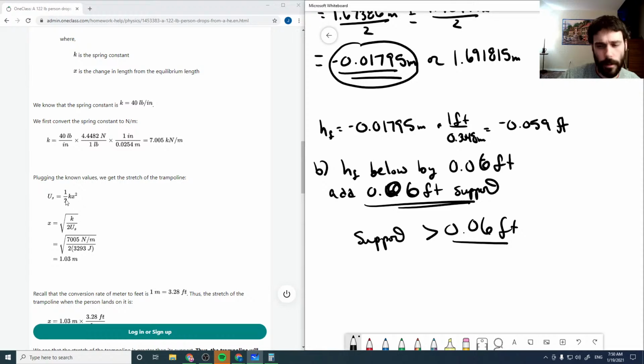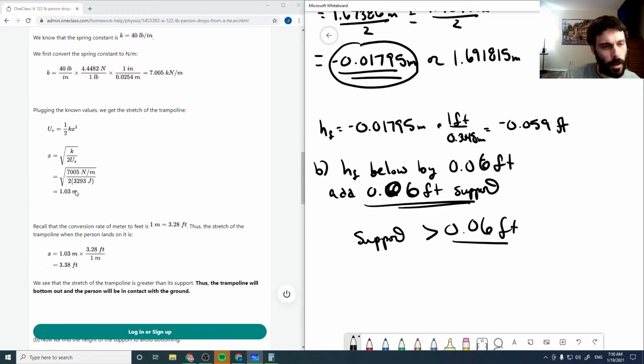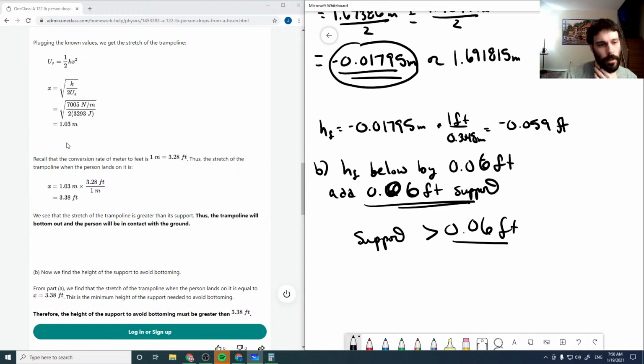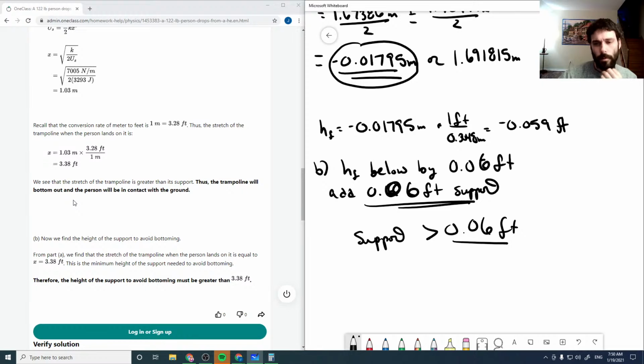So the only issue here is they're solving for x directly, which is doable, but without taking into account your initial potential, your final potential energy. So 3.38 feet.